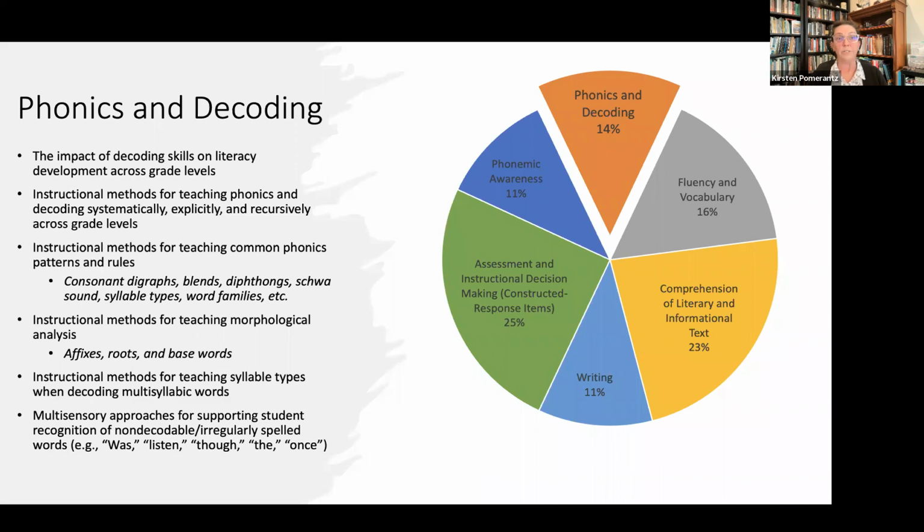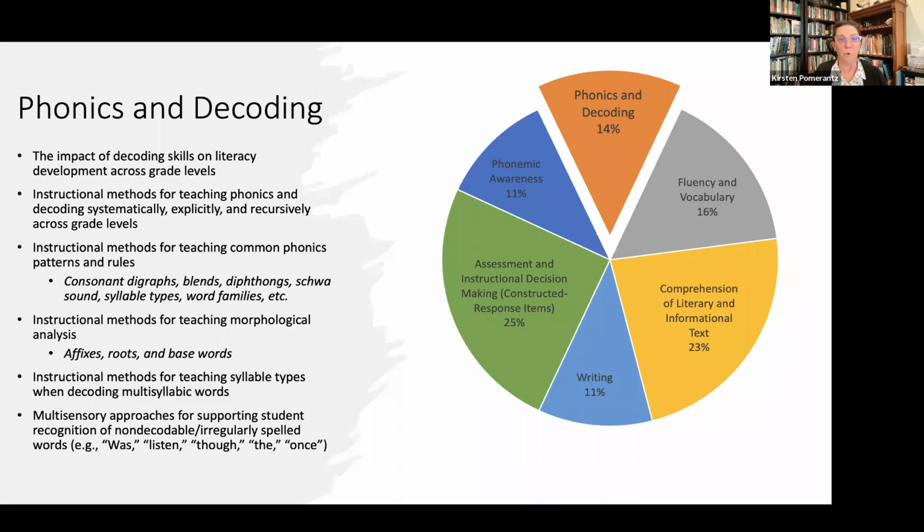Instructional methods for teaching common phonics patterns and rules, and this might include things like consonant digraphs, blends, diphthongs, schwa, the schwa sound, syllable types, word families, and so on.